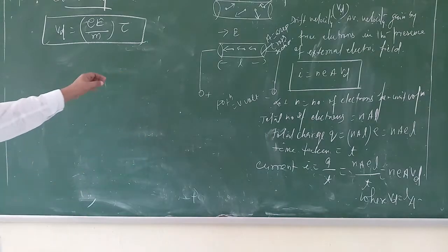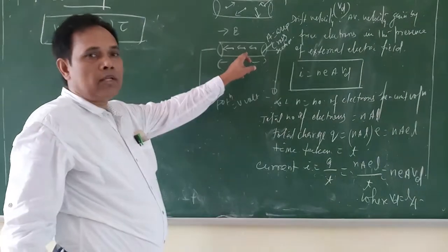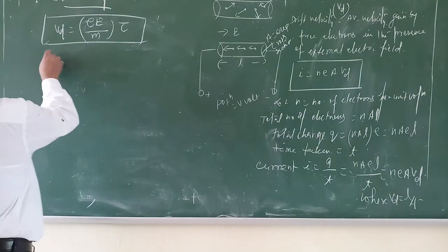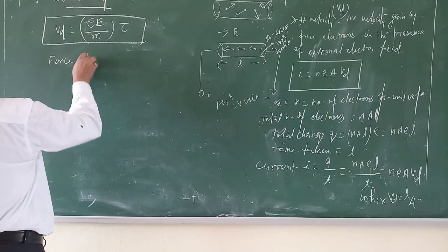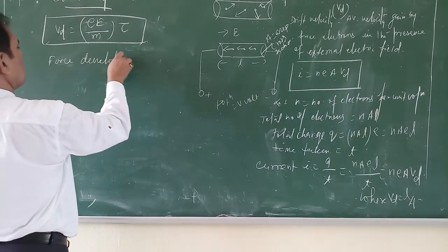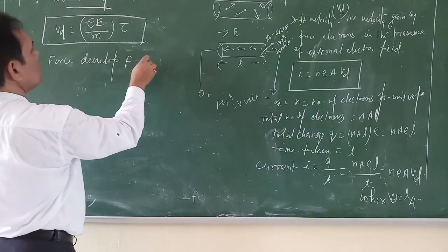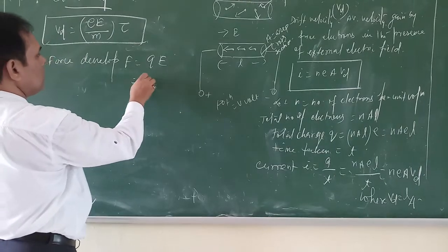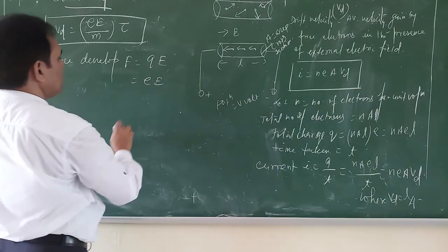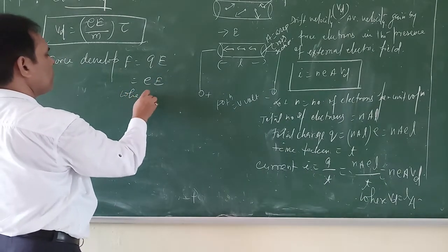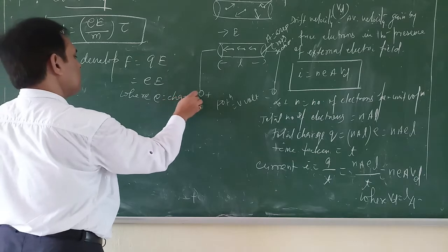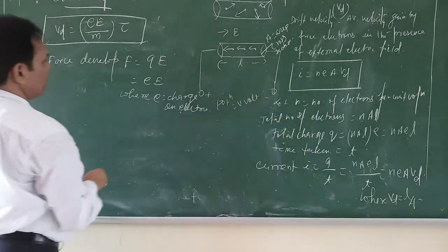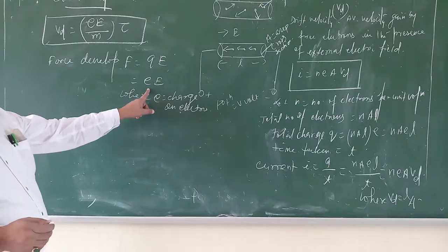When the external electric field is applied across the conductor, the force developed on the electron is F equal to qE, where the charge on the electron is e, so F equal to eE.